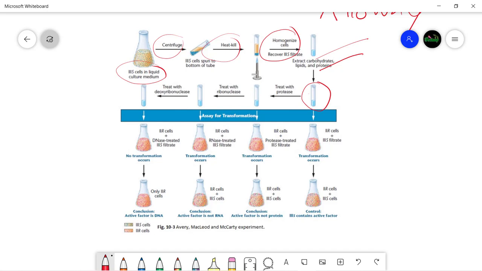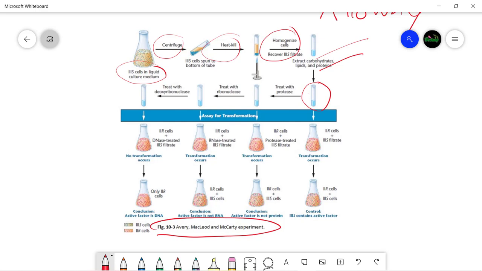In 1944 they published their results, almost 10 years after which they found out that the transforming principle was DNA. So it was finally proved by this team of workers, Avery, McLeod and McCarty. It is their experiment that showed the transforming principle is DNA.